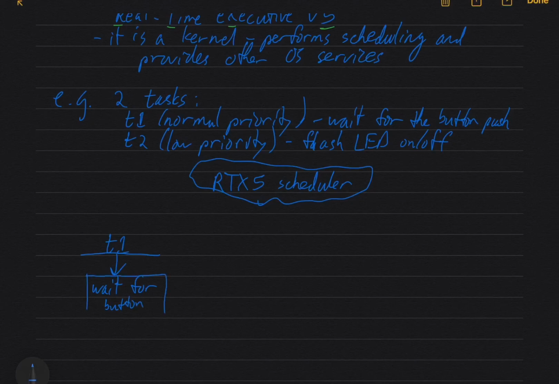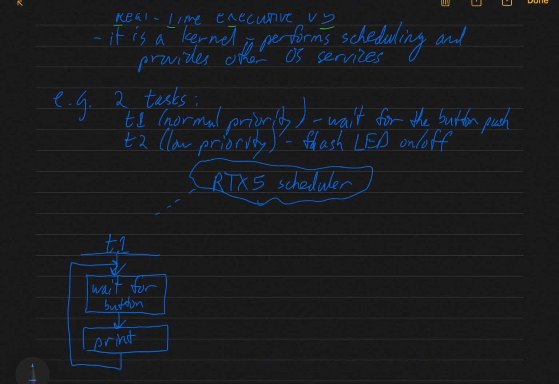So somehow going to stop its execution until it happens, and then it's going to print a message to the console, to UART1, and it does this in an infinite loop. And you're going to see that all of my tasks with an RTOS are infinite loops.